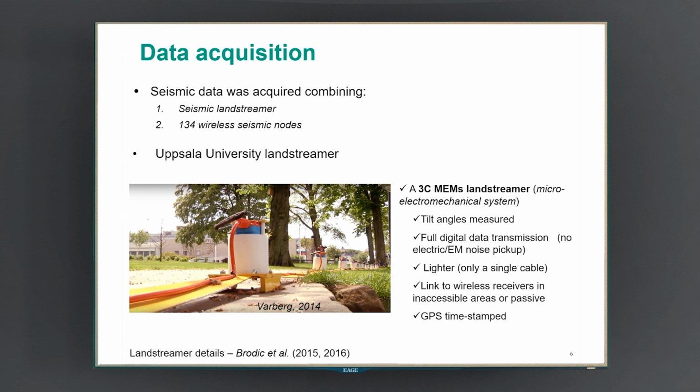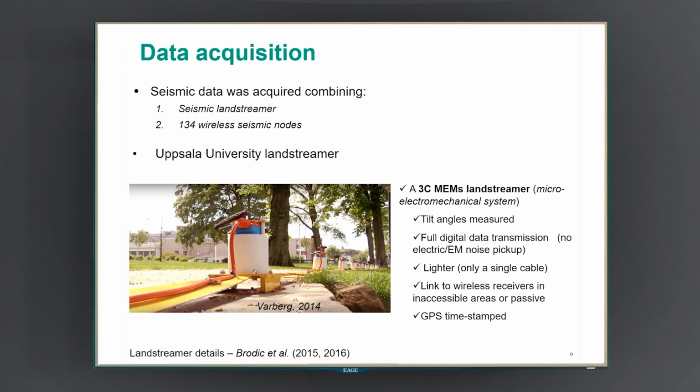The digital nature of MEMS sensors, together with digital data transmission, makes the entire system insensitive to electric or electromagnetic noise pickup. Tilt angles of all 3 components are measured, all signals are located along a single cable, and the entire system is GPS time-tagged, enabling linking it with wireless nodes for passive acquisition or to cover inaccessible areas.